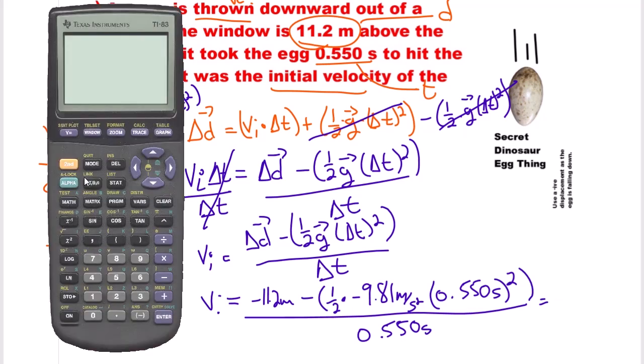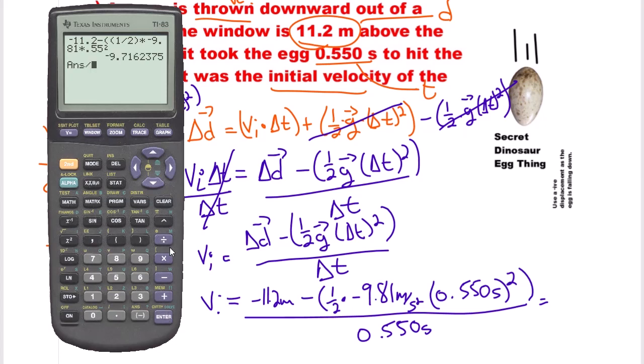Let's see what we get here. So, negative 11.2 minus bracket 1/2 times negative 9.81 times 0.55 squared.